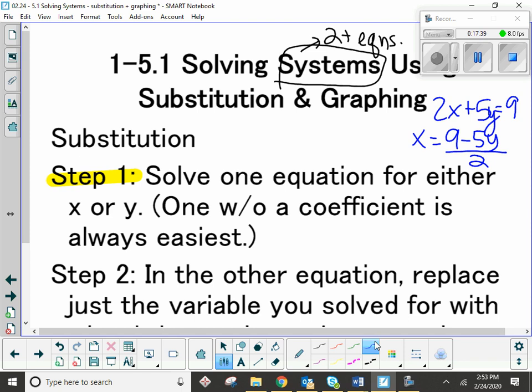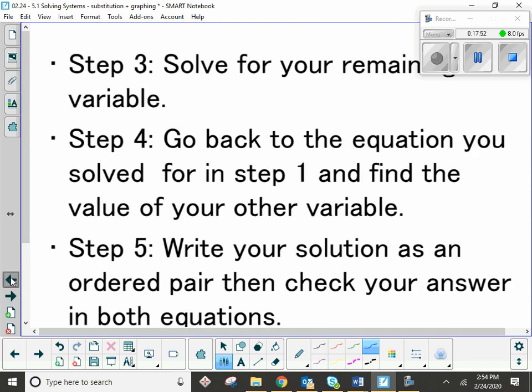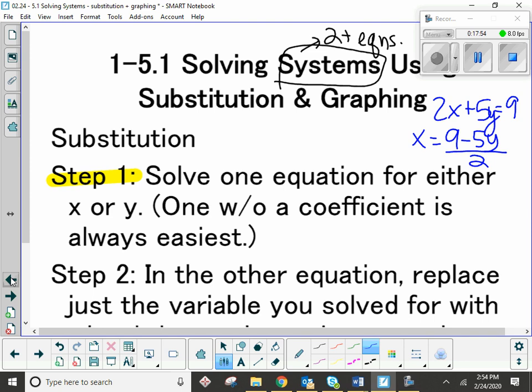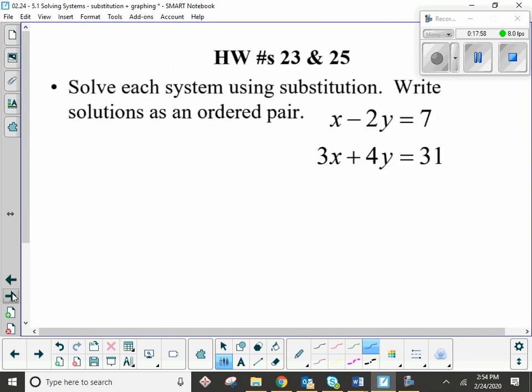It does not matter which equation you pick. It does not matter whether you pick x or y. However, some situations are easier than others for your math. So that's why it says one without a coefficient is always easiest. So in this example, I want you to find the variable that does not have a coefficient in front of it.